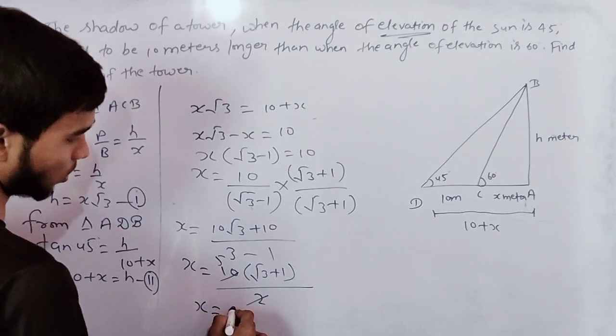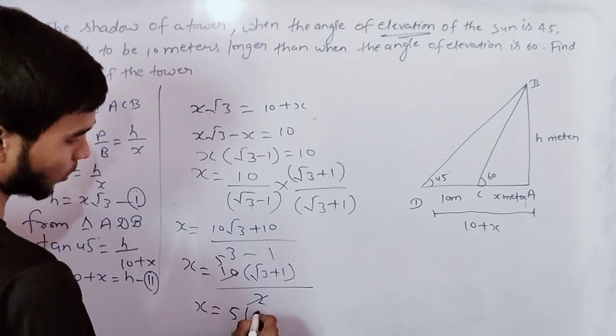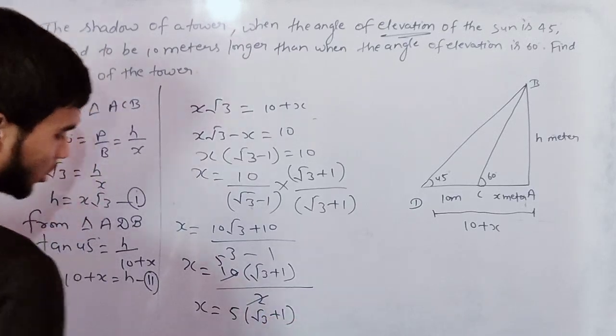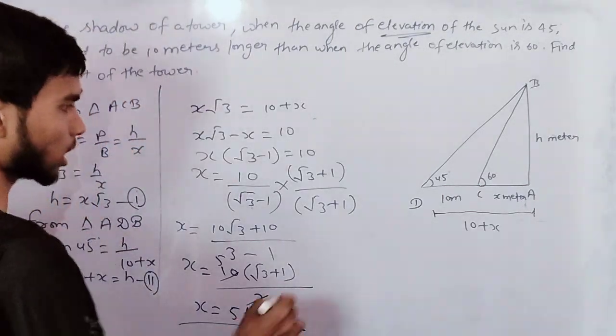So finally x got 5 root 3 plus 1 under 2. So this is the value of x.